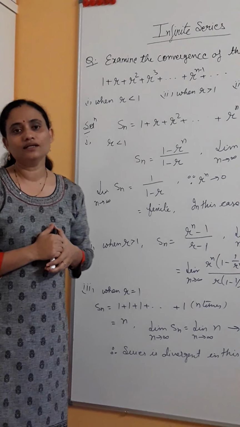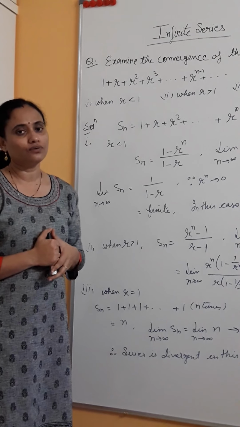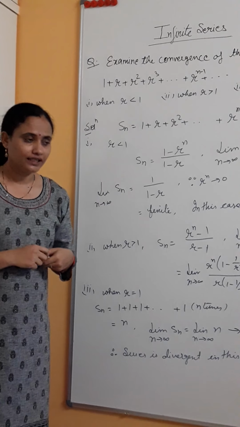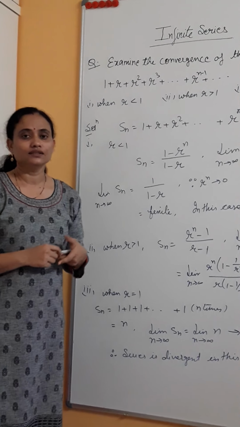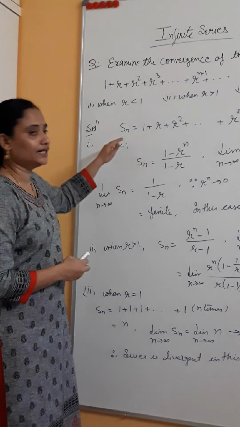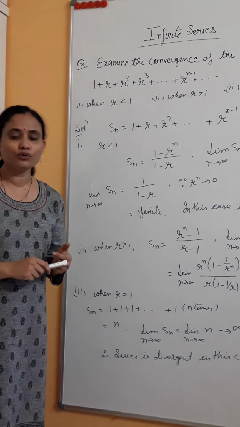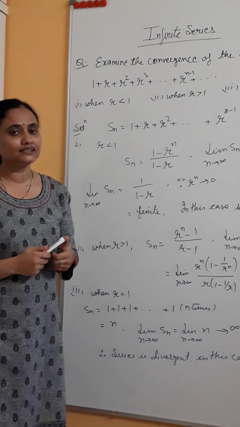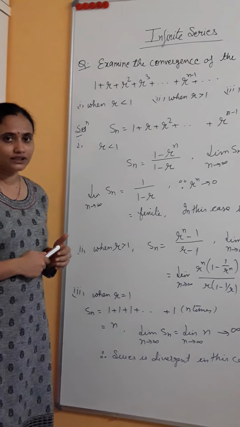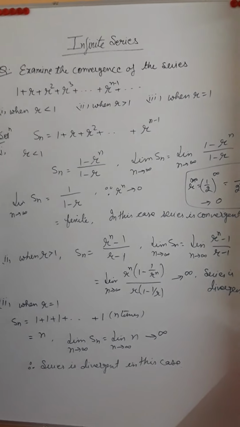But there are many methods to find out the convergence and divergence of a given series. So in the next video we will learn two of those methods in which we need not find the sum of n terms. Based on the nth term only we can check whether the series is convergent or divergent. Till then, go through this again and understand the concept of divergence and convergence.